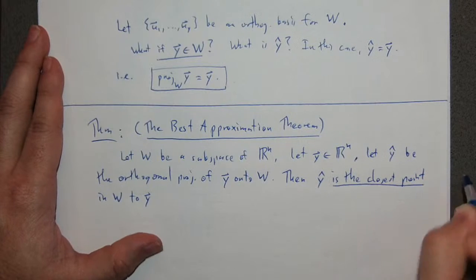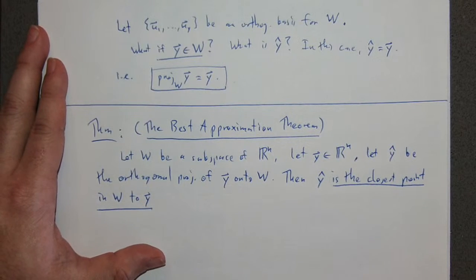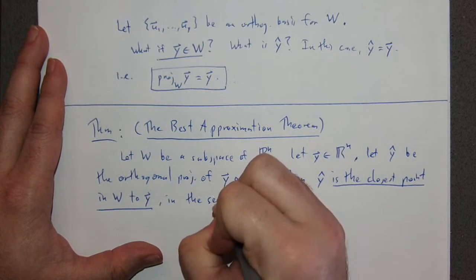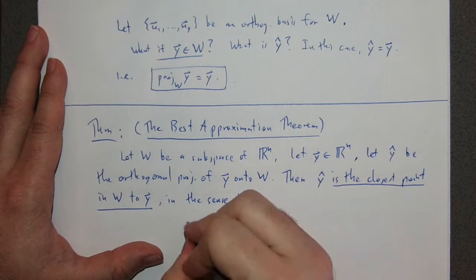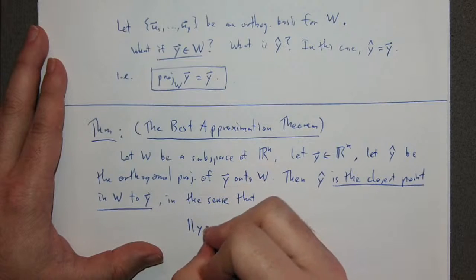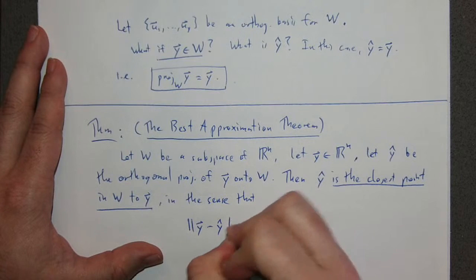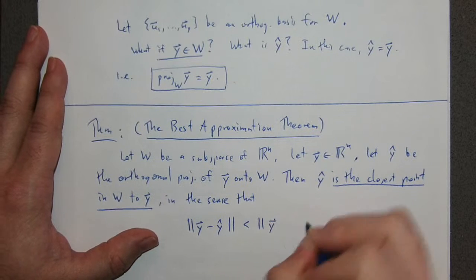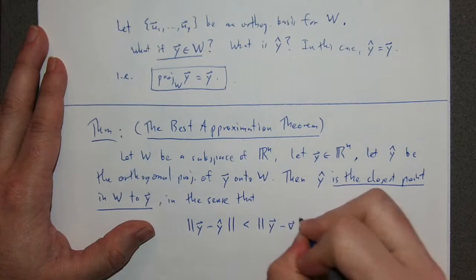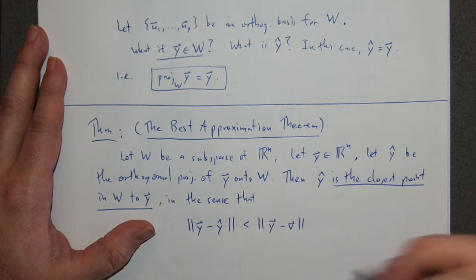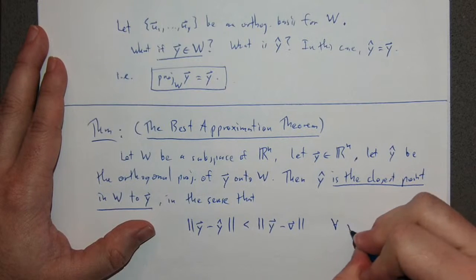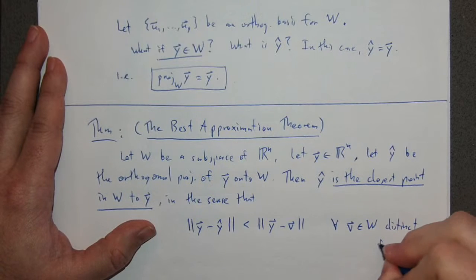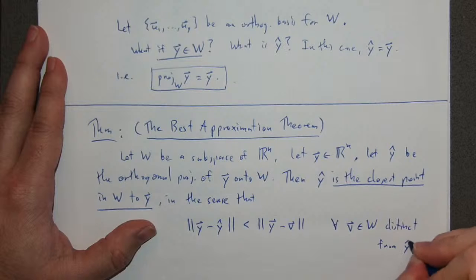So y hat is the closest point in W to y, in the completely rigorous sense, in the sense that the distance from y to y hat is the minimum distance from y to any vector v among all vectors v in W distinct from y hat.